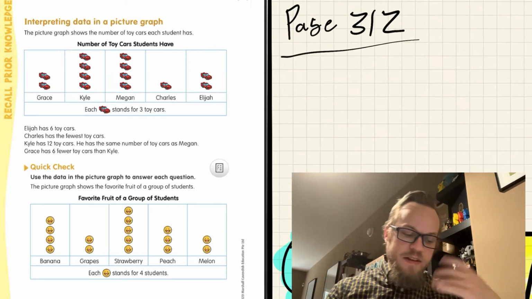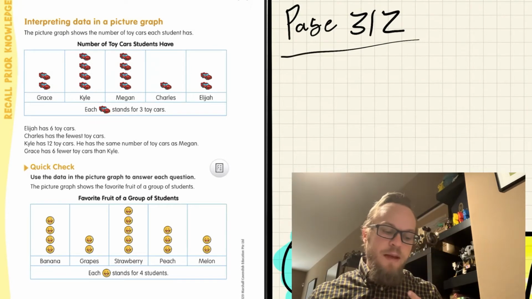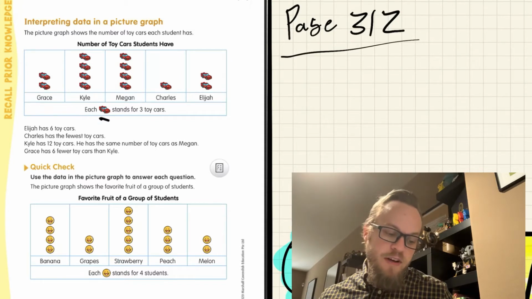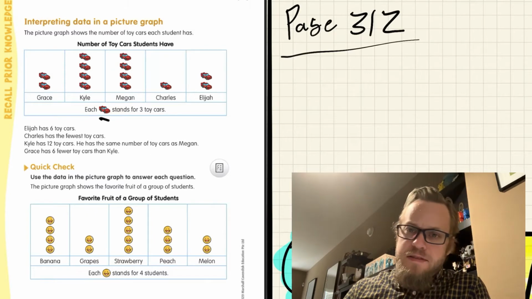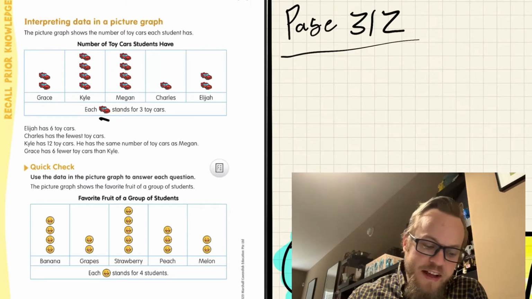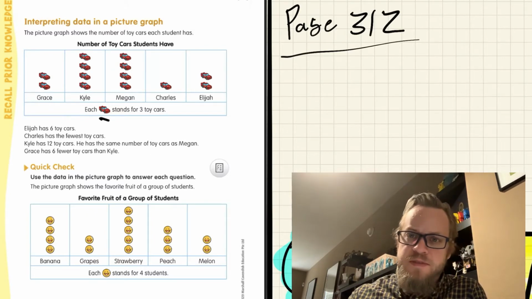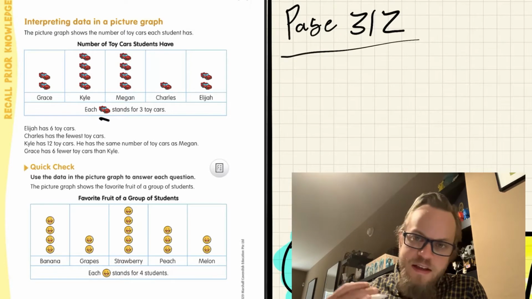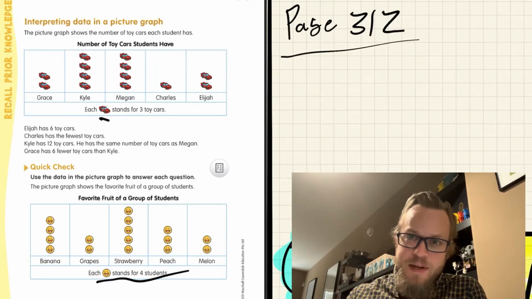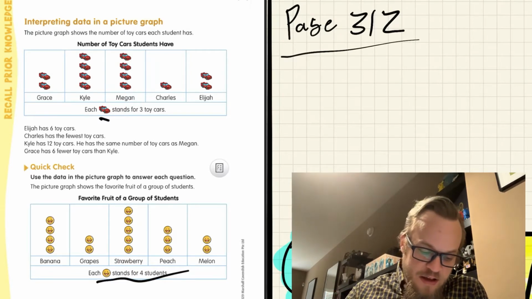All right. Sometimes we're presented data with a picture graph, such as the number of toy cars students have. If each car is 3 toy cars, I can tell that Kyle has 12 and Megan has 12. 4 times 3 is 12. Charles only has 3, Elijah has 6, and Grace has 6. Okay? This is quick and easy information for us to understand.